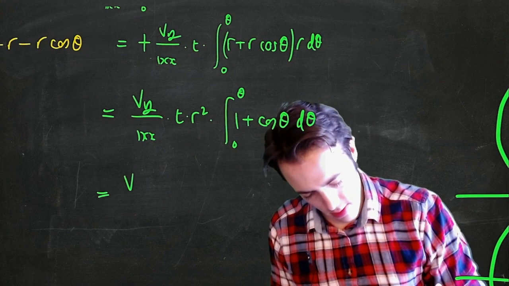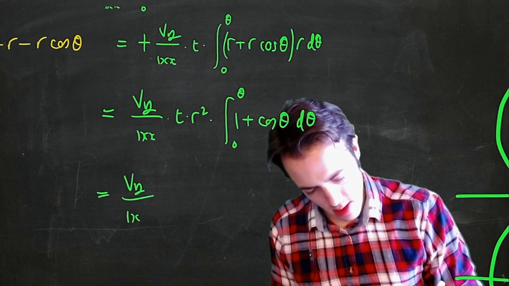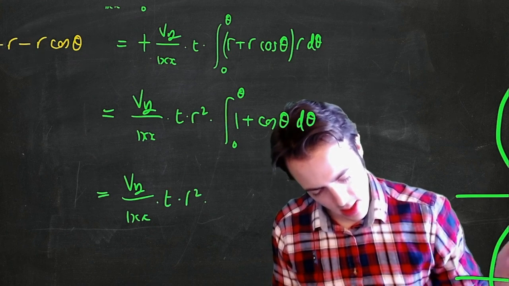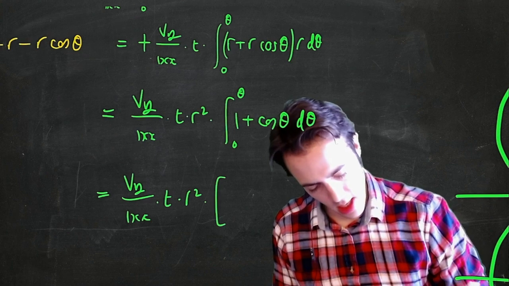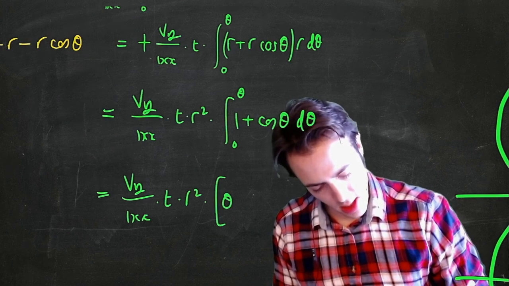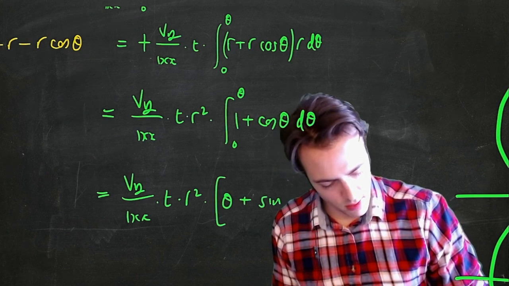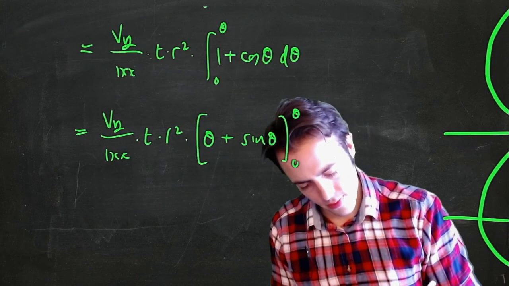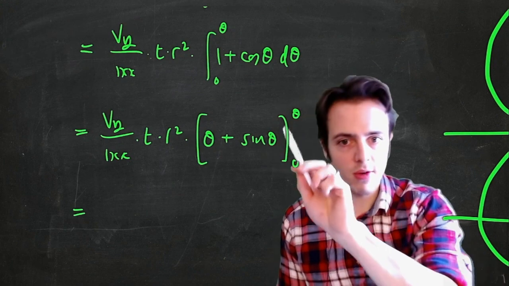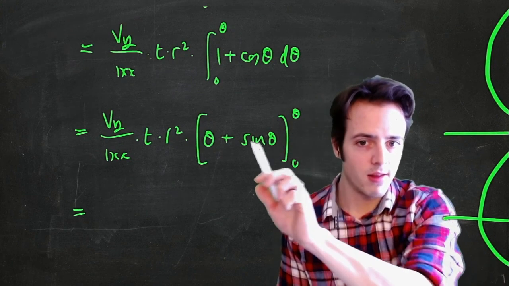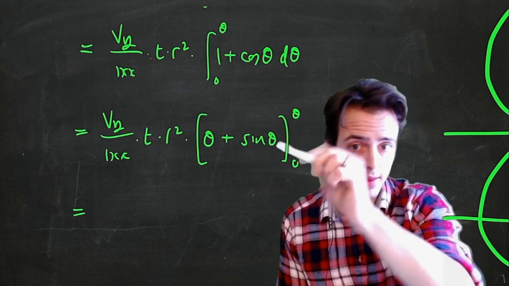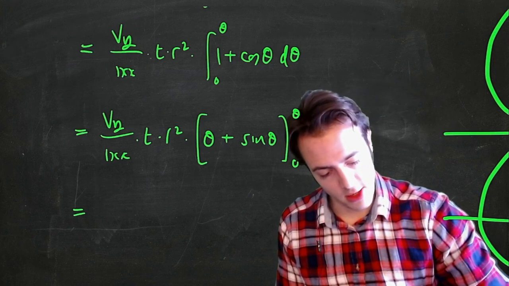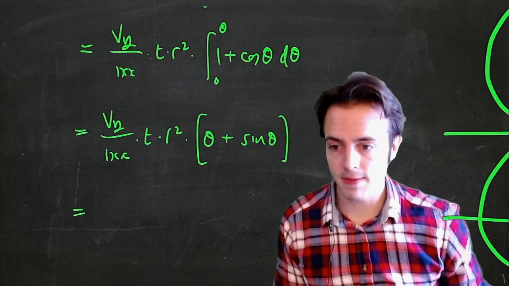I get Vy on Ixx t r squared, and then that's going to become a theta, and I'm then going to get plus sine theta from theta to 0. In fact, because I've got the limit of theta and 0 here, and sine theta goes to 0, I can just get rid of these limits, and that will then be the integral evaluated for those limits there.